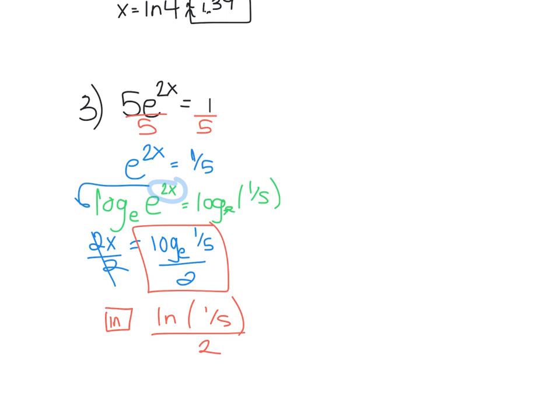So I didn't write ln originally in this problem, but at this step, what you'll see me do moving forward, when we had e raised to the 2x equals 1/5, at that point I would have said, okay, since I have a base of e, I want to take the natural log of both sides. Natural log of 1/5.